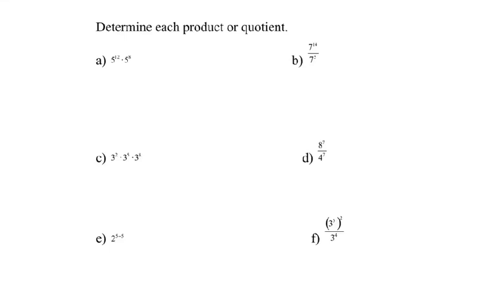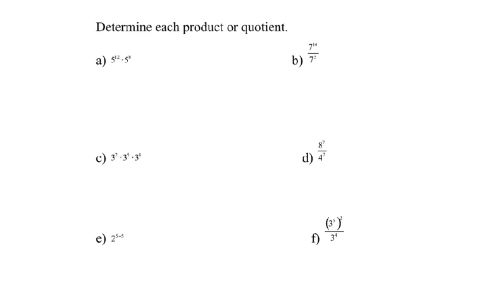In this problem, we either want to use our multiplication rule for exponentials, our zero rule for exponentials, our power rule for exponentials, or our quotient rule for exponentials, or a combination of all of those. And so in letter A, we have 5 to the 12th power times 5 to the 8th power.